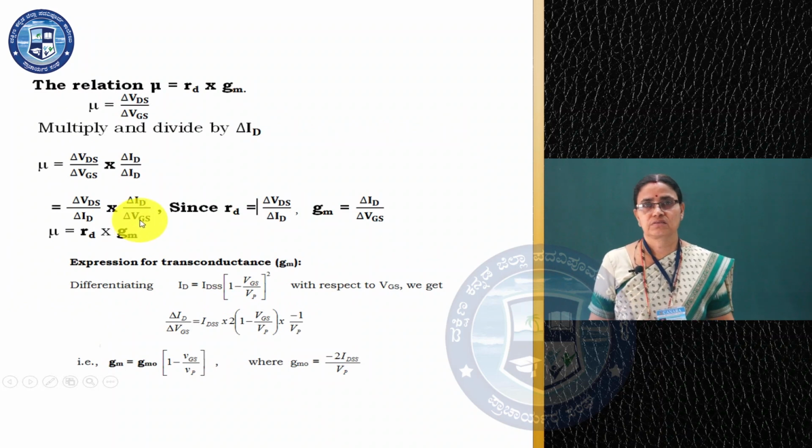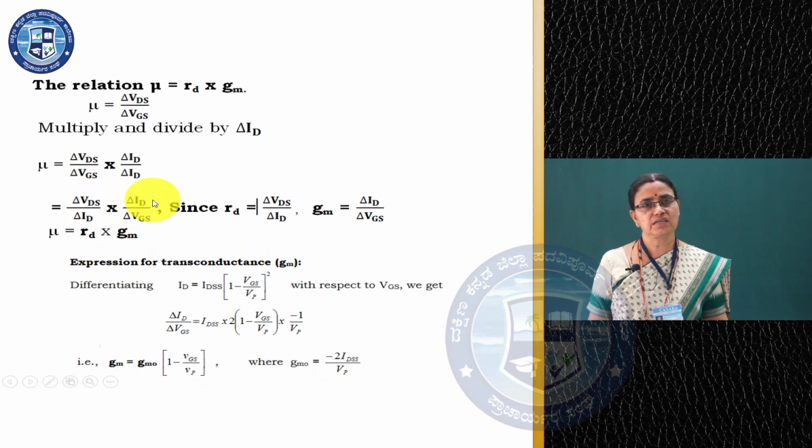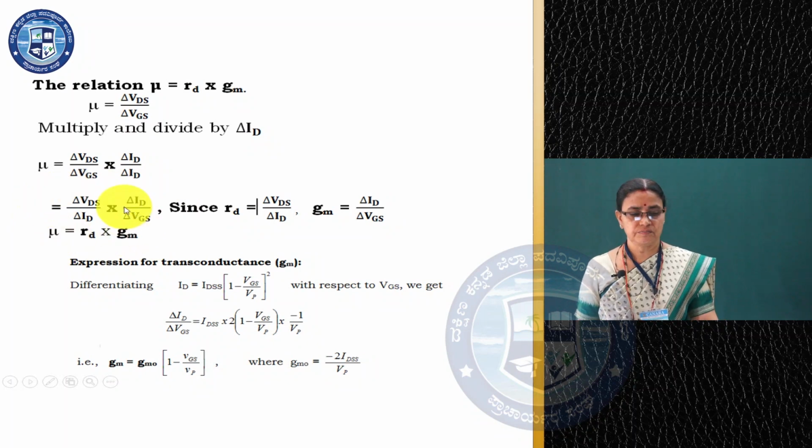The relation between mu, GM and RD. Mu is equal to delta VDS by delta VGS, we already know. Multiply numerator and denominator by delta ID, and we get the rearrangement: delta VDS by delta ID into delta ID by delta VGS.